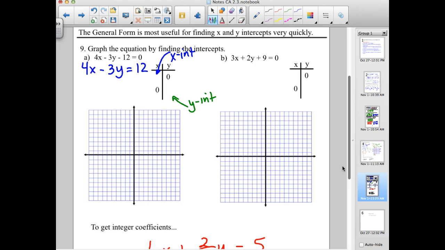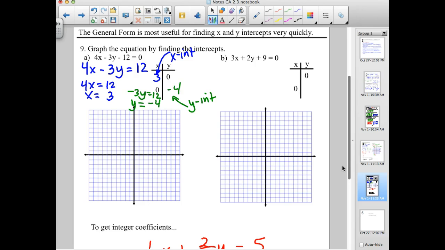If we put a 0 in for y, the 3y piece is gone. And we are just solving for x: 4x equals 12, which means x would have to be 3. Okay? If we put a 0 in for x, then the 4x piece is gone, and we have negative 3y equals 12. So y would be negative 4. Okay?